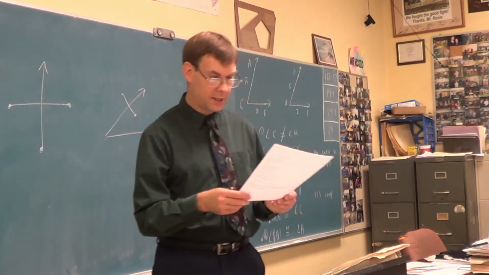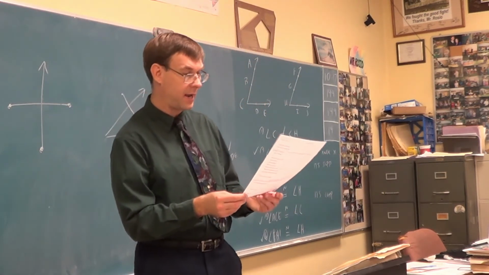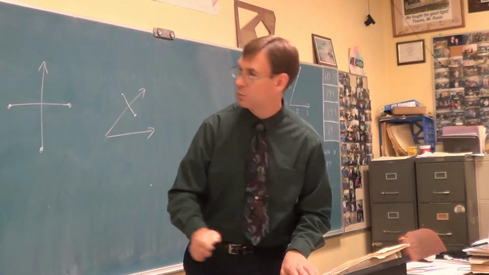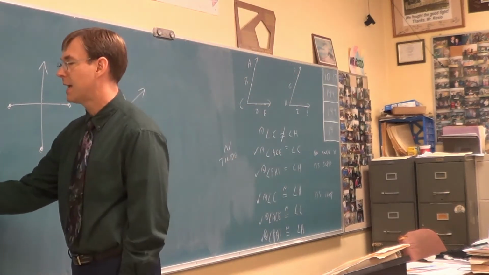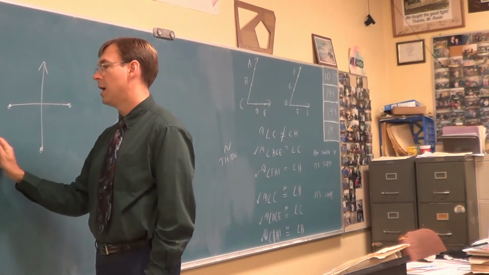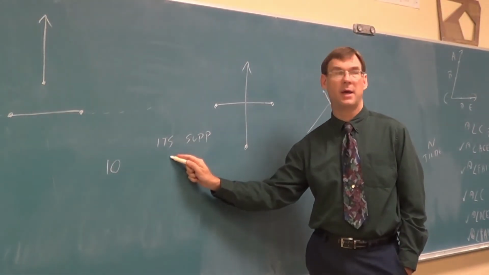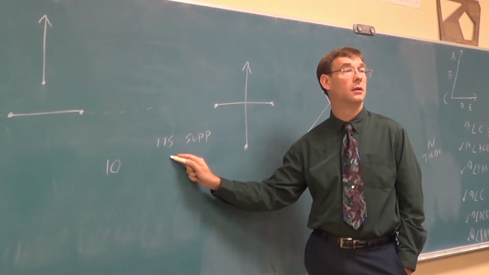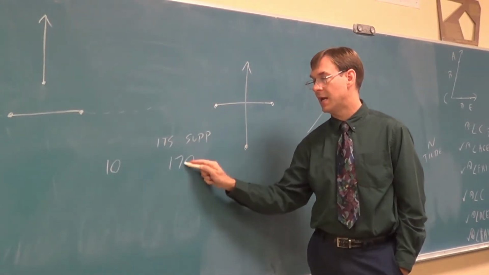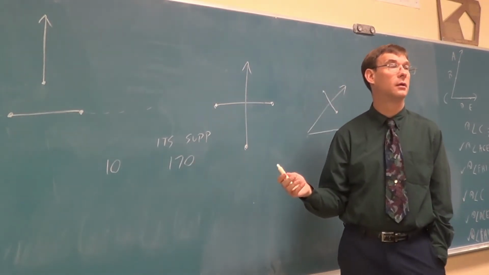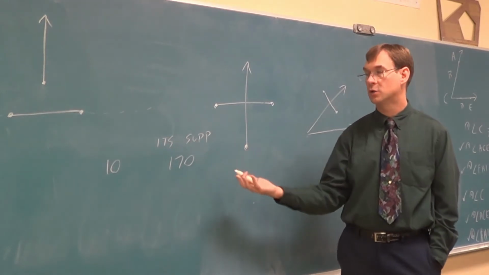31 is a question that David answered for us on Friday. So let's build up to this. So I say 10. I want to know its supplement. What is the supplement of 10? 170. How did we do that math? 180 minus what I gave you.